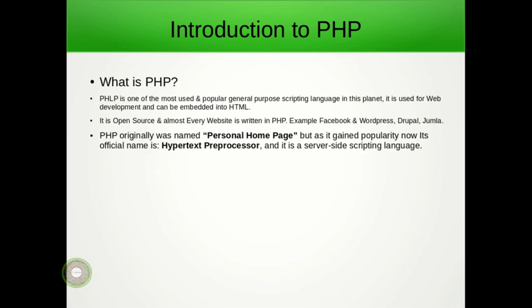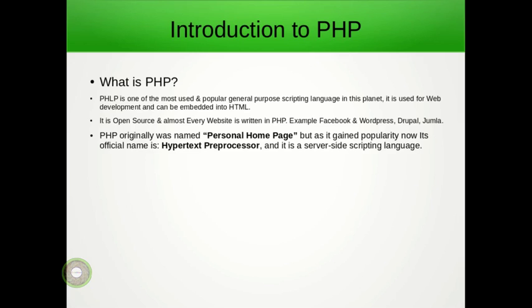So PHP was originally named Personal Home Page. The name came from Personal Home Page, but as it gained popularity, its official name is now Hypertext Preprocessor, and it is a server-side scripting language. Hypertext came from HTML, and preprocessor because it sometimes goes on top of the HTML, and PHP is processed before any HTML is rendered.